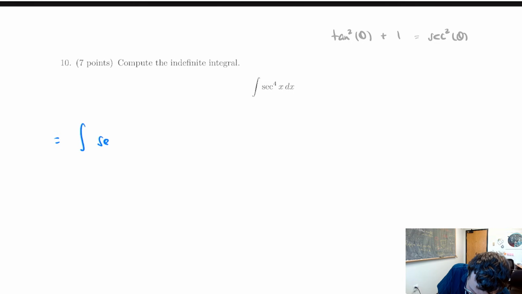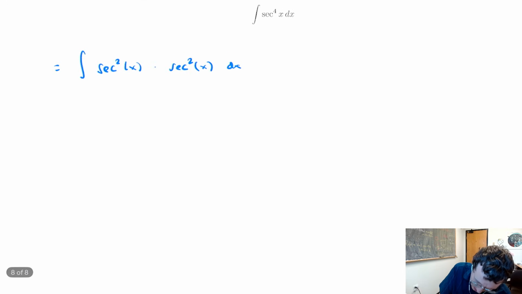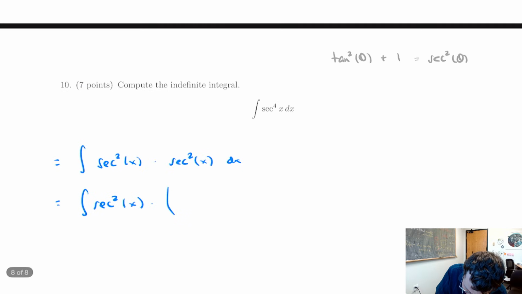And the point is, I'm not going to convert all of the secants using this formula. I'm just going to split up secant to the 4th into secant squared, and I'm only going to replace one of them. So secant squared is equal to tangent squared theta plus 1.